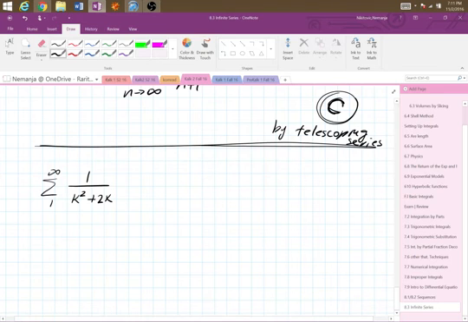Yeah. What happened? Constants outside of the sum? Yes, if it's a common constant.